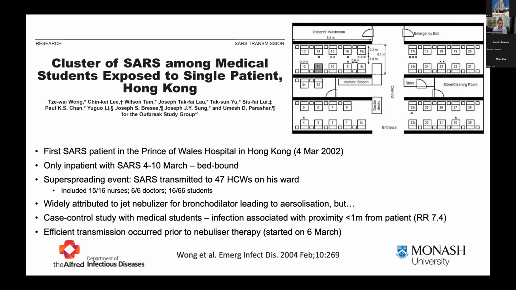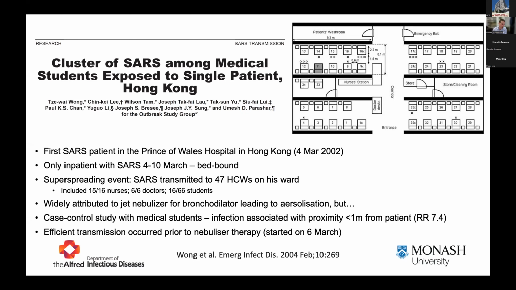They described a super spreading event where SARS was transmitted to 47 healthcare workers on this patient's ward. This included 15 of 16 nurses, 6 of 6 doctors, and 16 of 66 students. And it was attributed to a jet nebulizer leading to aerosolization as being the cause of the super spreader event.